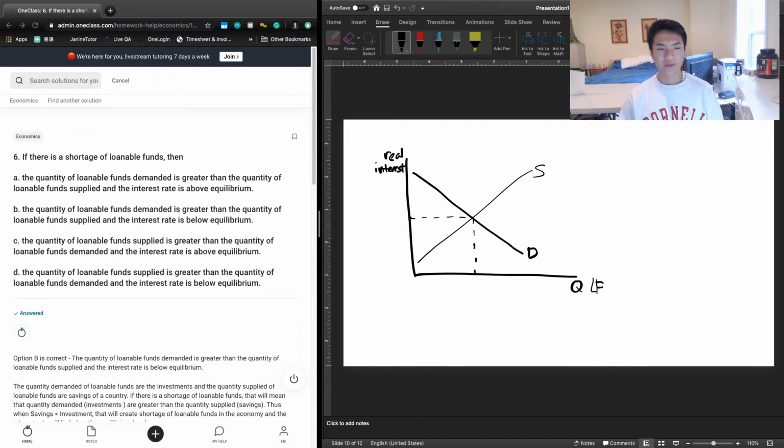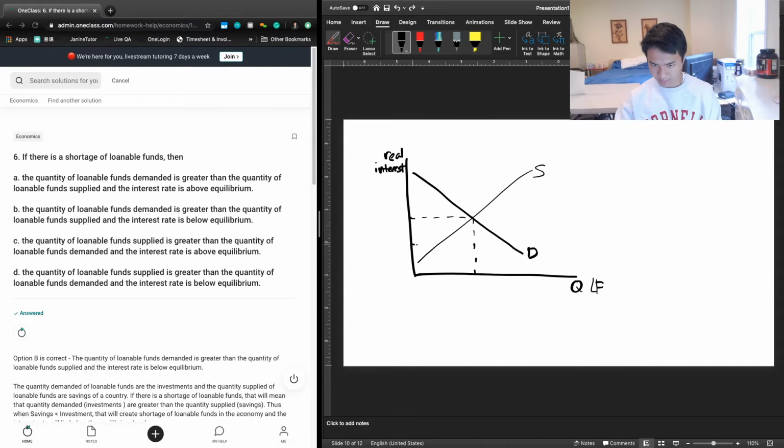So the first thing we have to note is the question gives us a scenario of a shortage of loanable funds, where we have to understand what that means. So for there to be a shortage, it means there are too many people who want loans and not enough people to provide the loans. And therefore, we're going to see a real interest rate less than the equilibrium interest rate, where there's some sort of gap right here, right? Oh, that's a bad line.